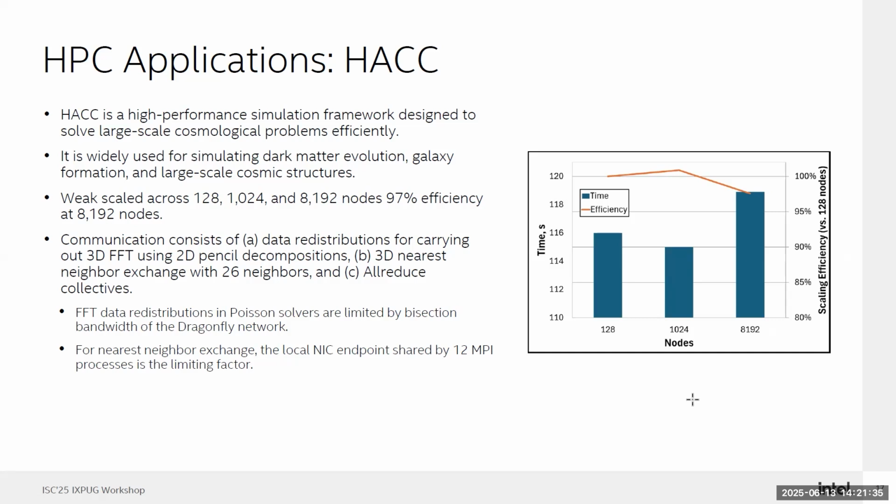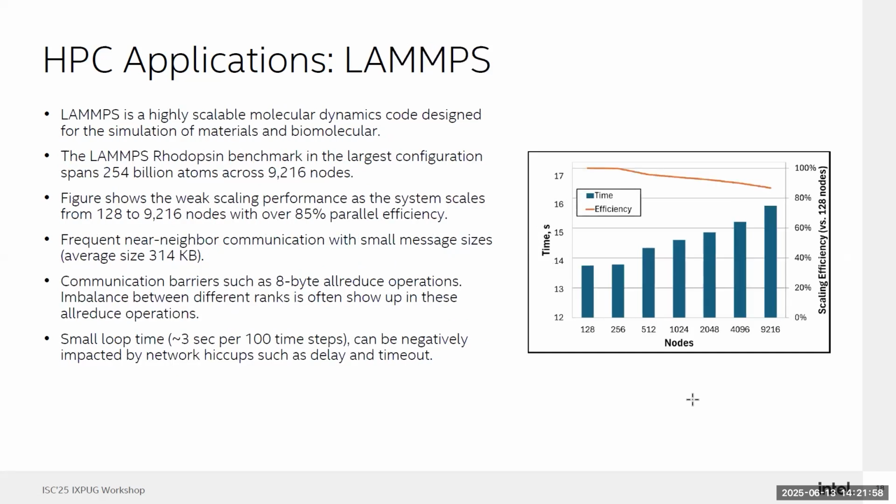For this application, a single NIC is shared by 12 MPI processes, and that could reduce the bandwidth portion. But it scaled quite well. At 8,000 nodes here, we see 97% efficiency in scaling.